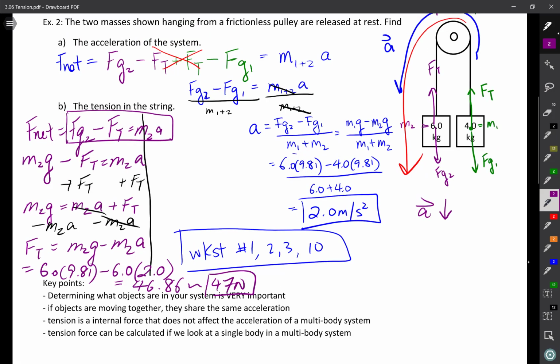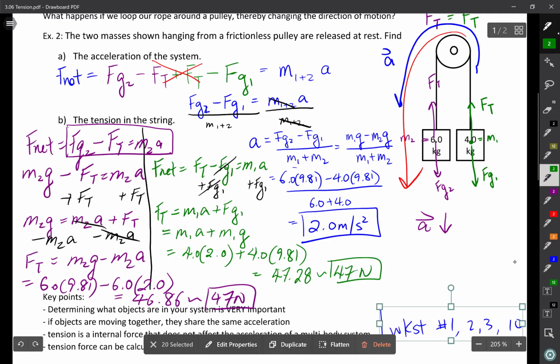Okay, so I'm going to do the same thing, but for M1 on the other side. So I'm just going to solve it using very similar methods to what I did for M2, and I will just show the solution on the board if that's what you did as well. So here I've done the same example with mass 1. Notice the answers are slightly different, and the reason why is because I used a rounded answer for acceleration.